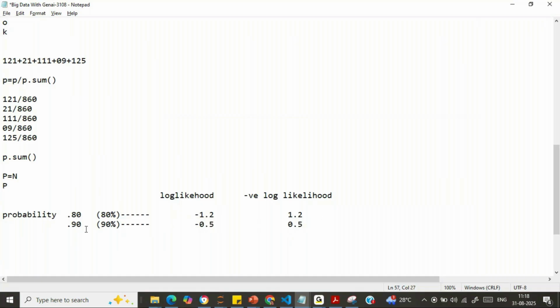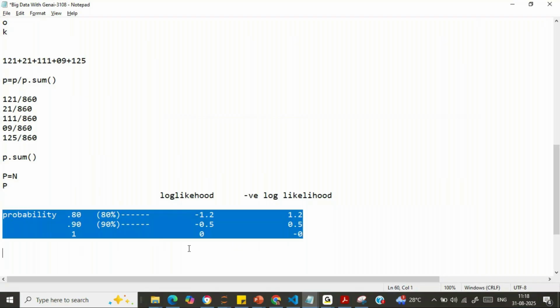I will be having a good probability for a given combination. If, say, it is 1, the log likelihood will be 0, and the negative log likelihood will be 0. So we just need to move towards the zero side in order to improve the performance.